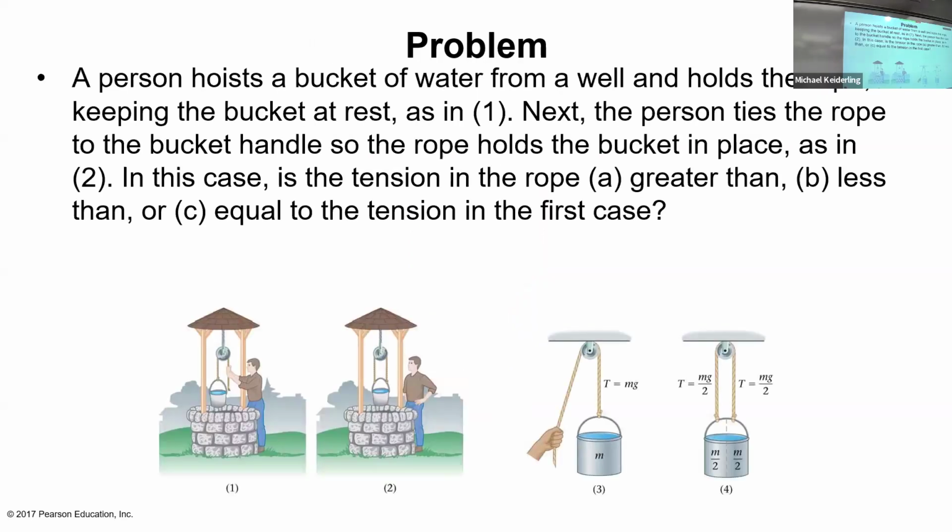Here, for example, a person hoists the bucket from a well and holds the rope, keeping the bucket at rest, as in situation 1 here. Next, the person ties the rope to the bucket handle, so the rope holds the bucket in place, as you see here. In this second case, is the tension in the rope greater than, less than, or equal to the tension in the first case?